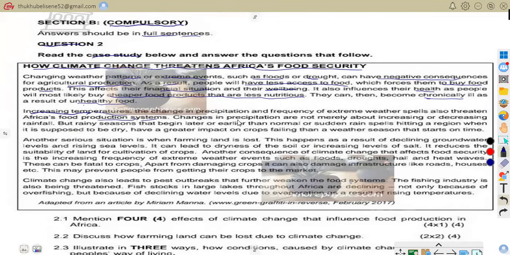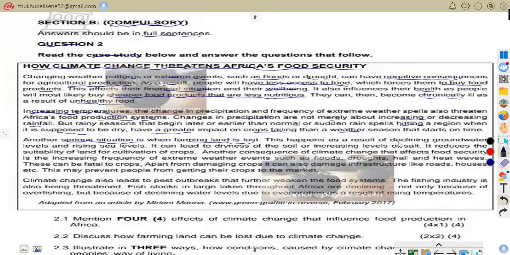Changes in precipitation are not merely about increasing or decreasing rainfall, but rain seasons that begin later or earlier than normal, or sudden rain spells hitting a region when it is supposed to be dry, and have a greater impact on crops failing than a weather season that starts on time. It further says another serious situation is when farming land is lost.